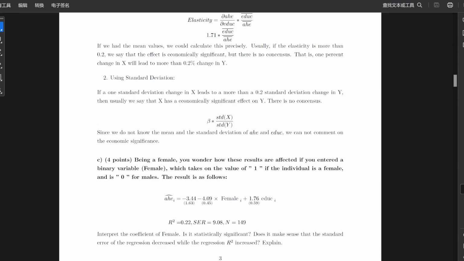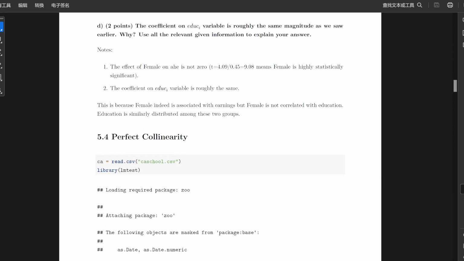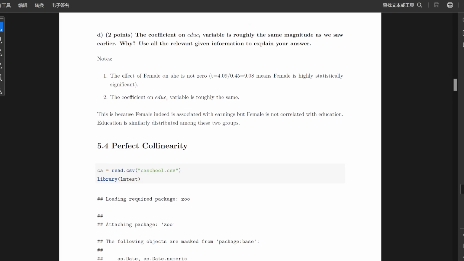It asks you to interpret the coefficient, whether it's statistically significant, and whether it makes sense. The standard error of the regression decreased, and the R square increased. So we'll check part D. The coefficient on the education variable is roughly the same magnitude as we saw earlier. Why? This one is asking you what the source of your omitted variable bias is.